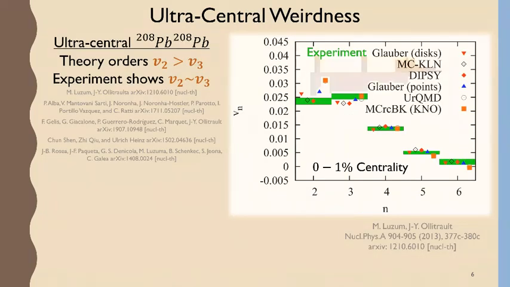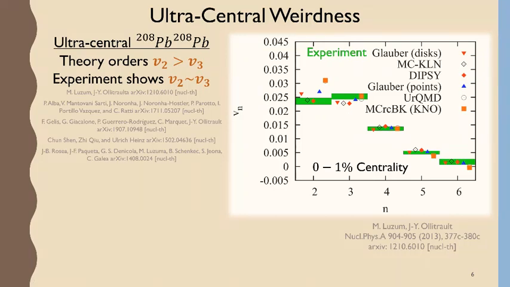So now looking at the most central collisions, this is in 0 to 1% centrality in this plot. For ultracentral lead-lead, the theory orders V2 greater than V3, but the experiment shows that they should be about similar. The experimental data is plotted in these green bands, and all of the points are different theoretical models.